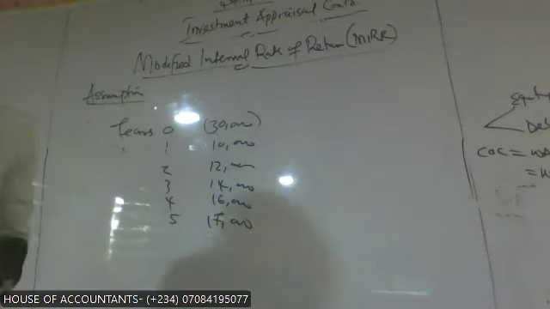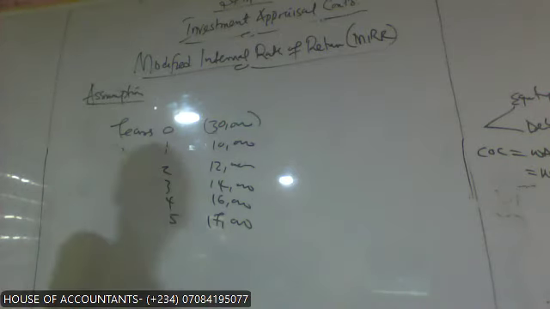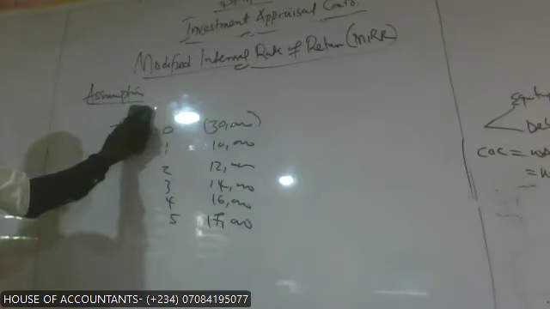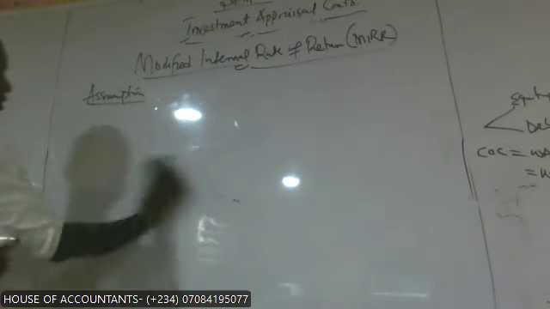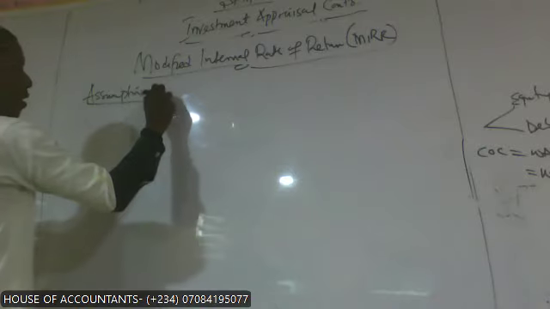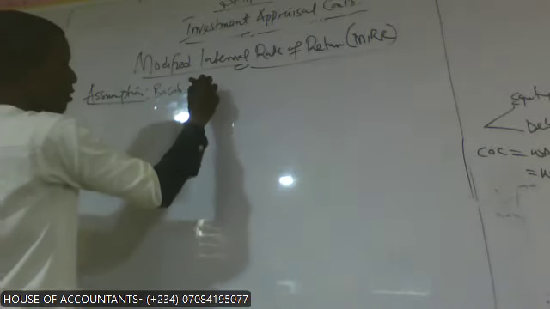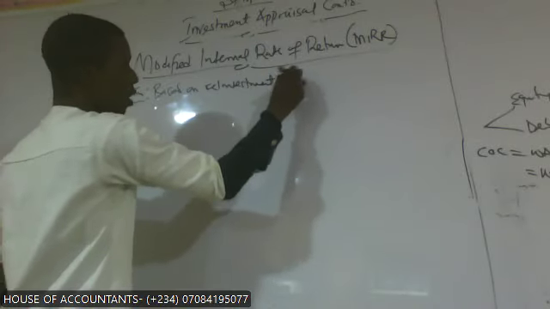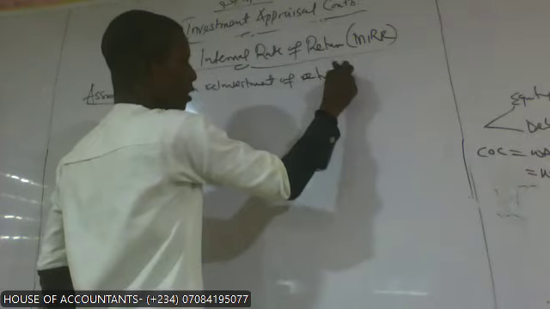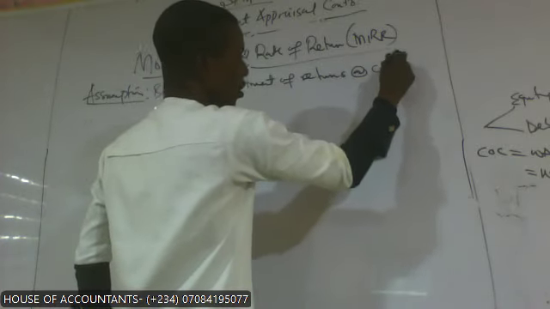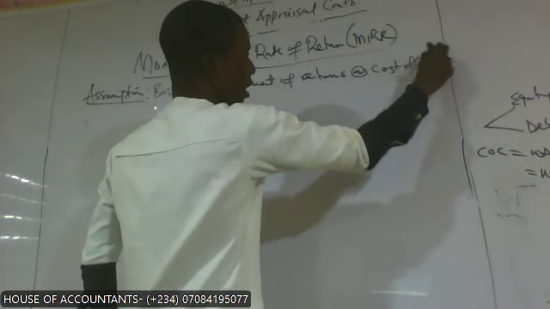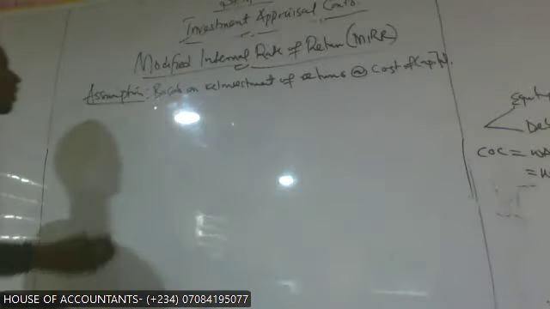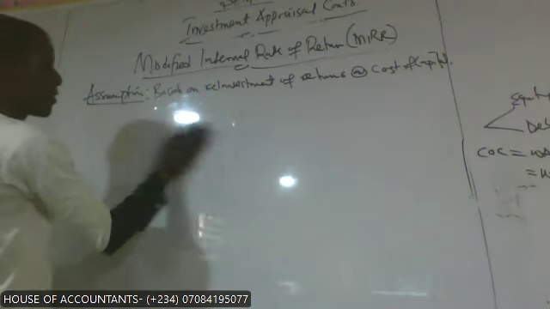So how do you calculate modified internal rate of return? There are 2 formulas that we can use. The assumption is based on the investment of returns at the cost of capital.